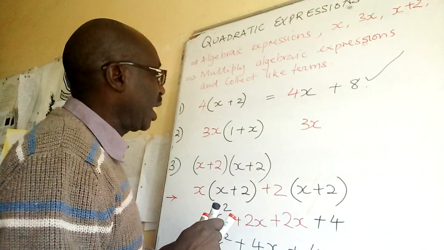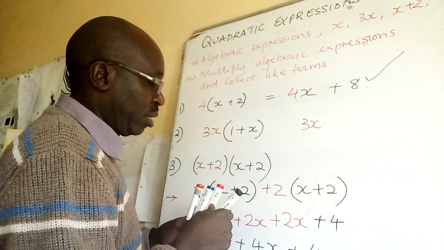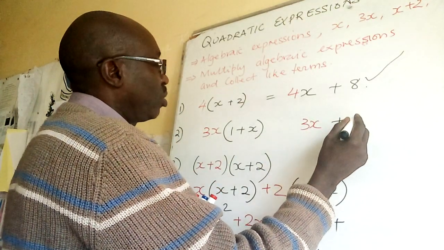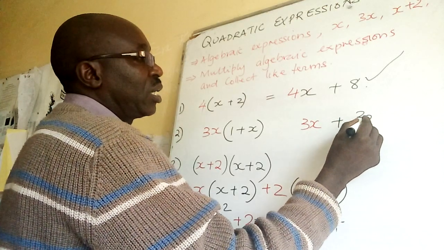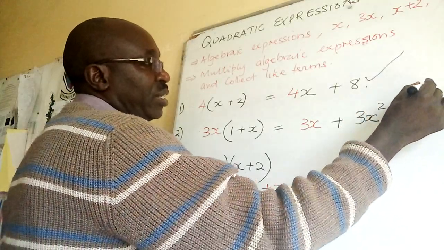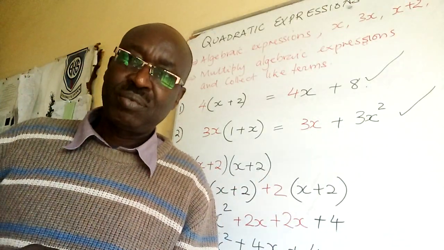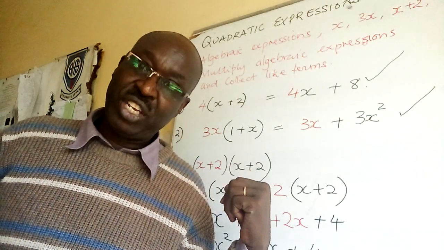And then 3x times x, but I have a plus here, so it will become 3x squared. You have it there. That one is not an issue. That one is as simple as you have seen.